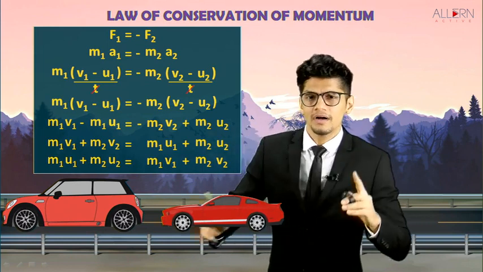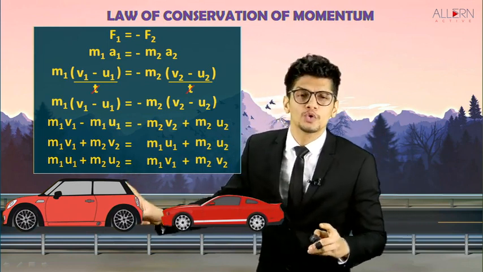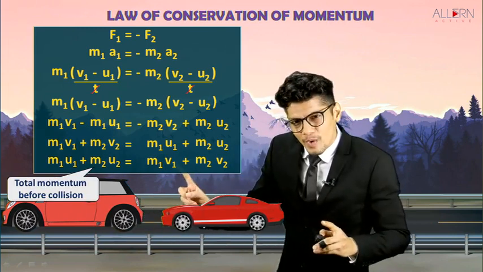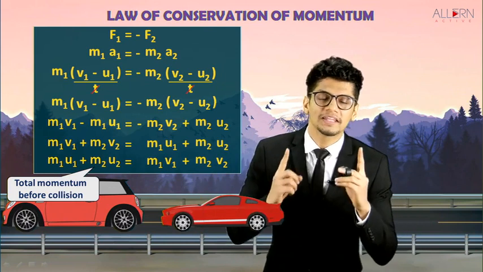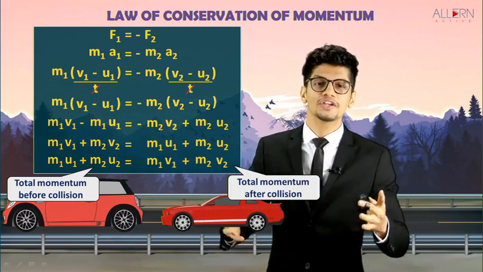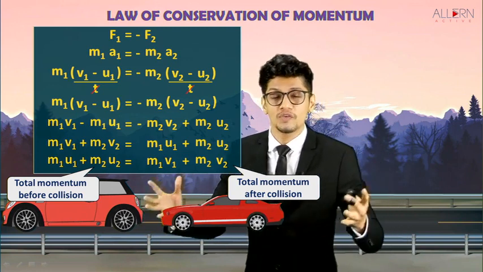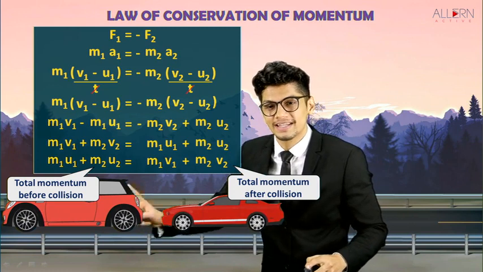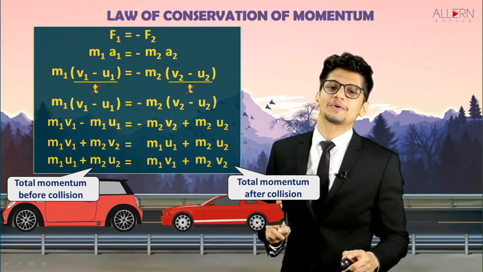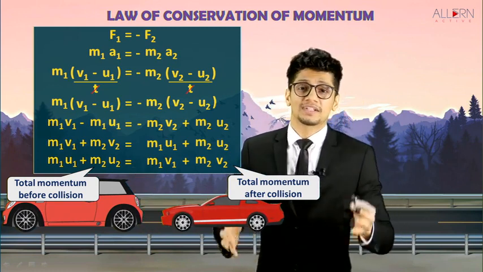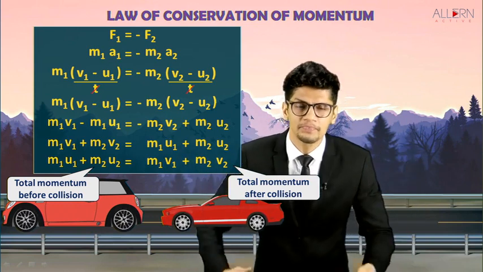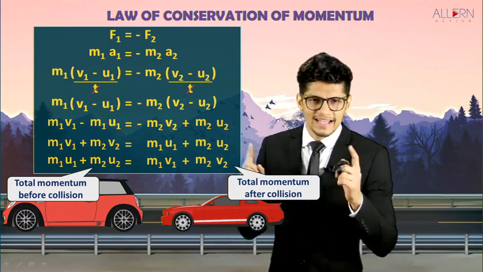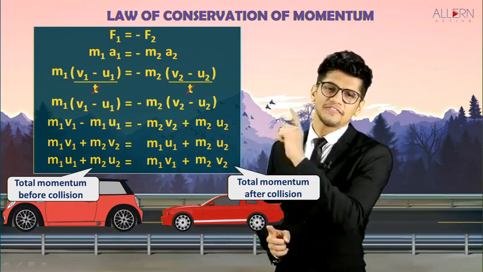Now remember, m1 u1 plus m2 u2 was nothing but the total momentum before collision, and m1 v1 plus m2 v2 was nothing but the total momentum after collision. So with this equation, what do we understand? We understand that the total momentum before collision is equal to the total momentum after collision. So this is how we prove the law of conservation of momentum, which says when two bodies collide, the total momentum before collision is equal to the total momentum after collision.